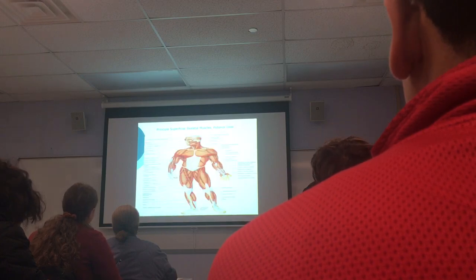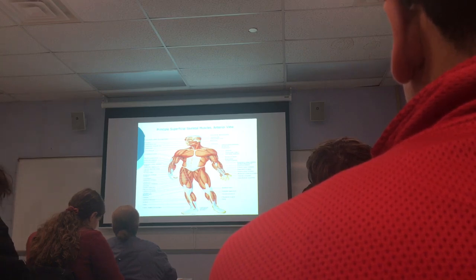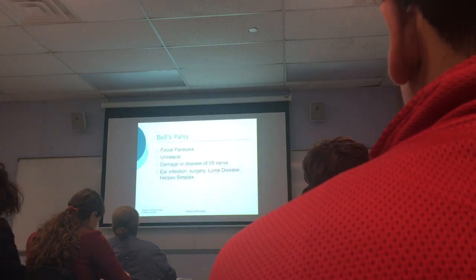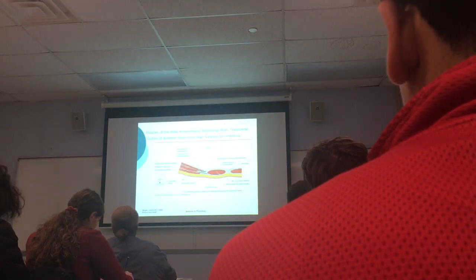The big chest muscle is the pectoralis major muscle, originates at the sternum, inserts in that intertubercular sulcus, so it makes you do horizontal adduction, also adduction.